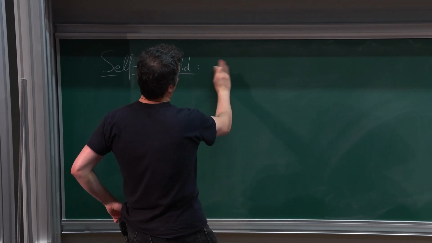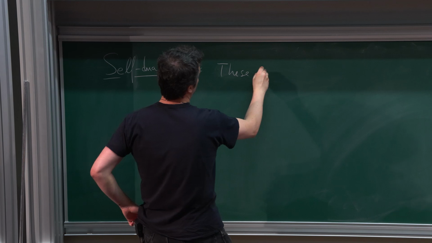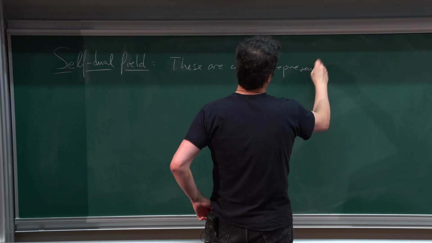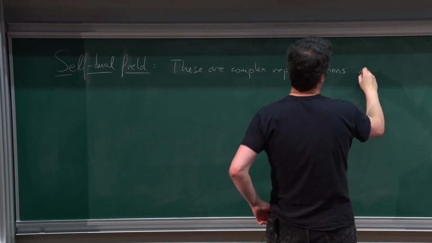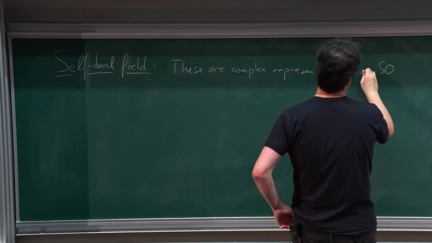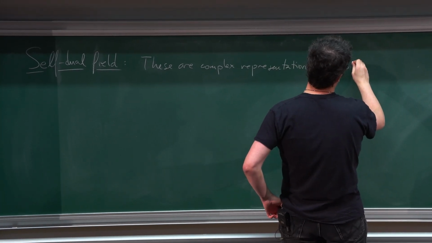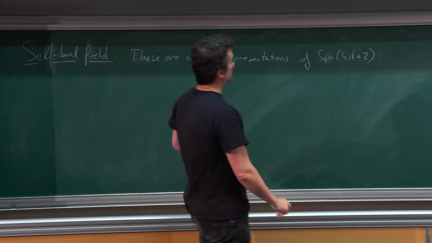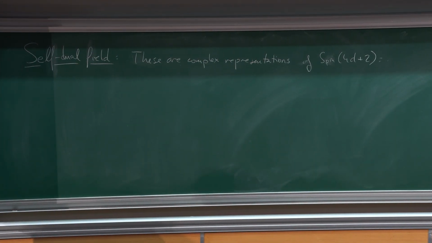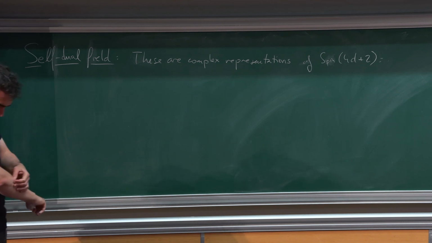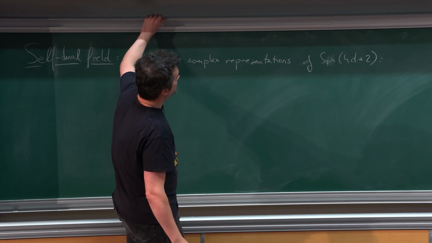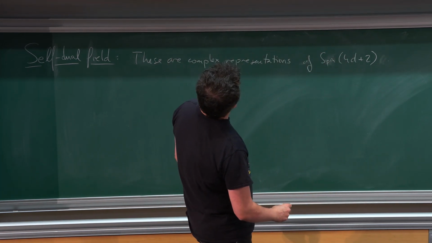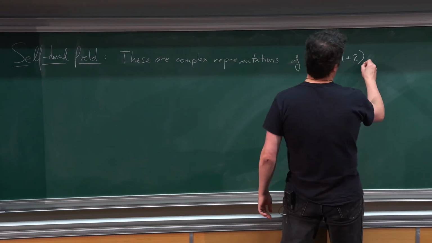Well, first of all, these are complex representations when you are in 4k plus 2 dimensions, which is the case for us. So in principle, they can give contributions to the anomaly. This is one of the reasons that we cannot forget about them. And a sort of quick way of understanding the answer I'm going to give you is thinking in the same way as I did before.